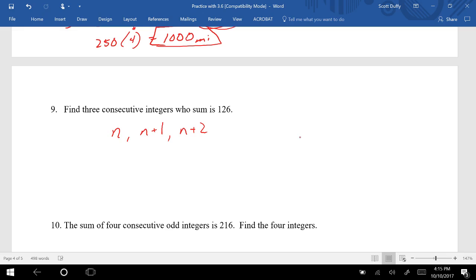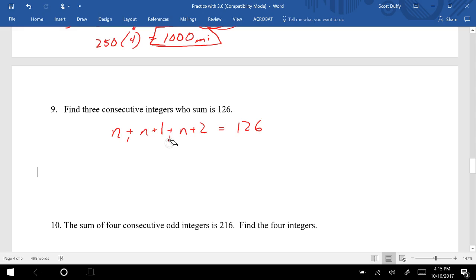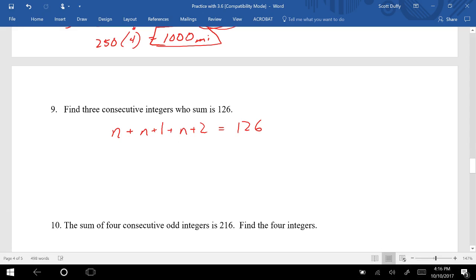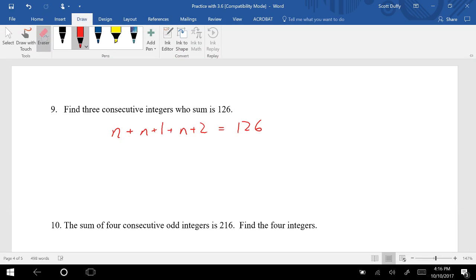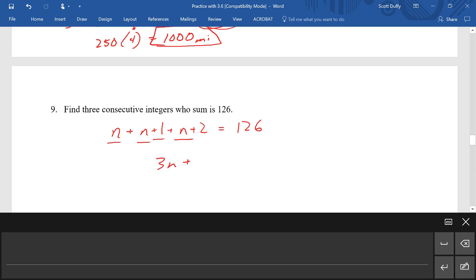All three of these numbers, when you add them together, need to be equal to 126. So I have n, that's 3 n's, plus 1 plus 2 more is 3, equals 126.